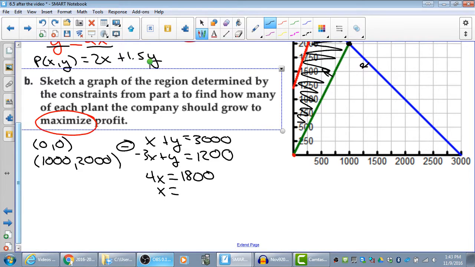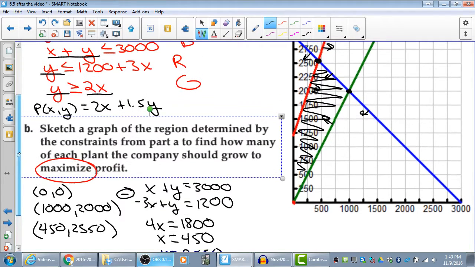So x is 450. So that's the x. I need to subtract that from 3,000. 2,550, right? Yep. So the other point is 450, 2,550. Now we have a fourth one if I remember right.